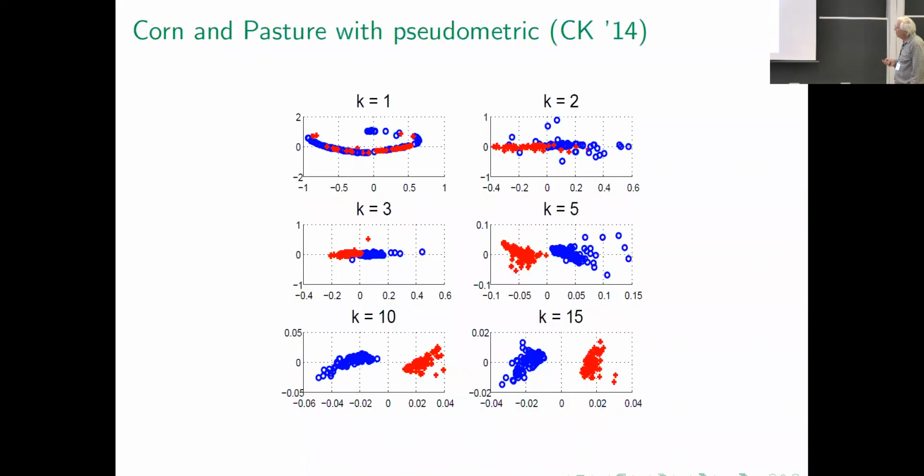I'll just kind of go through it. I want to convince you one more time about the utility of these subspaces. If I look at one-dimensional subspaces of R^220, and I look at a two-class problem, this is corn and pasture, pixels in a hyperspectral field, okay?